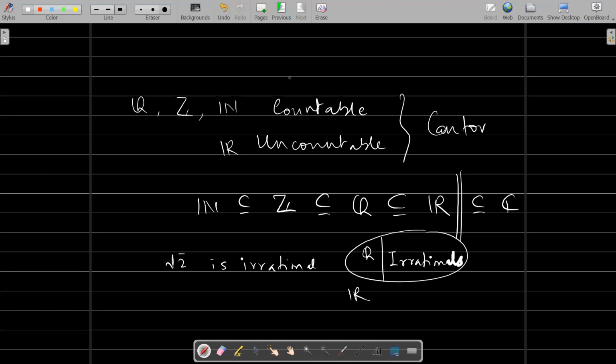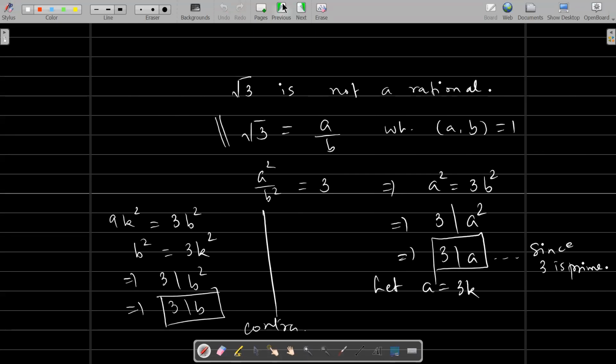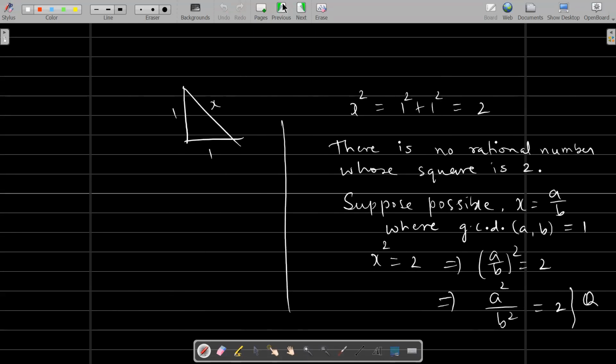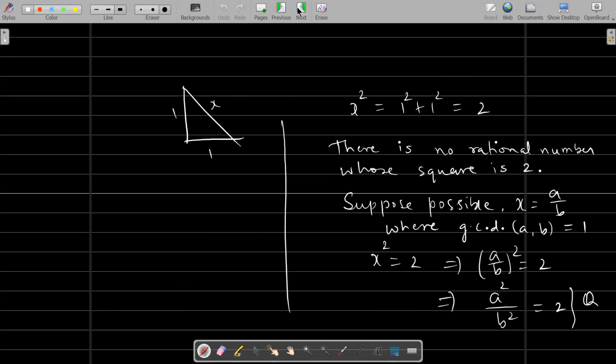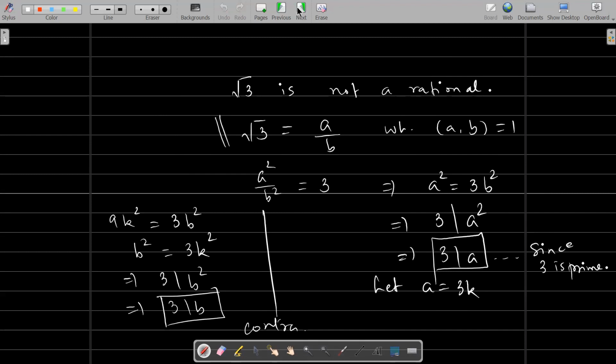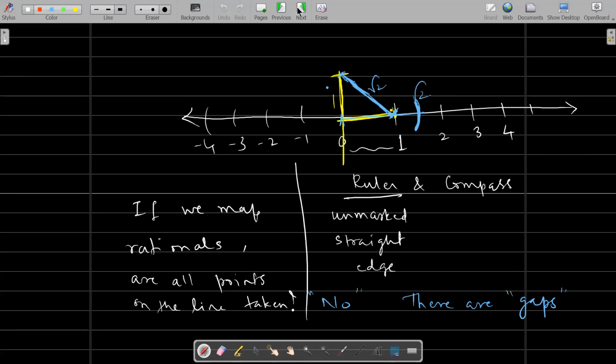Note carefully, we haven't said so far that root 2 is irrational. We said root 2 is not a rational. So root 2 is not a rational, root 3 is not a rational, or more generally, root n is not a rational if n is not a square.